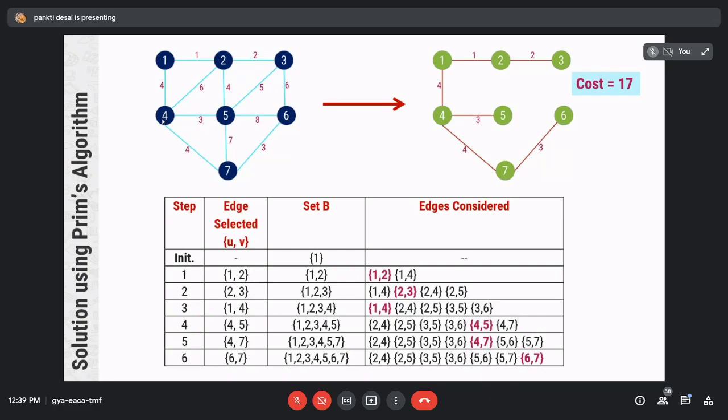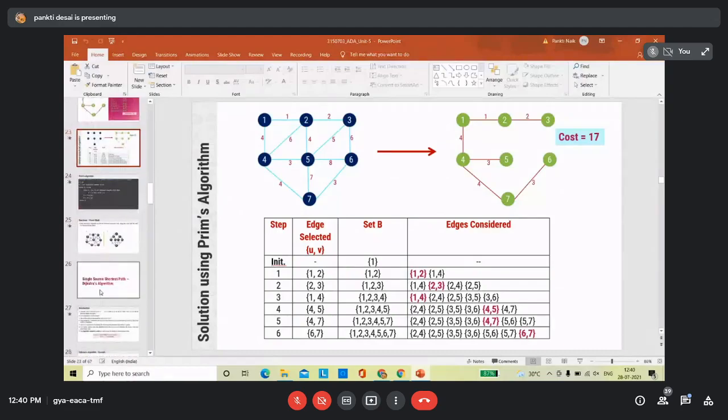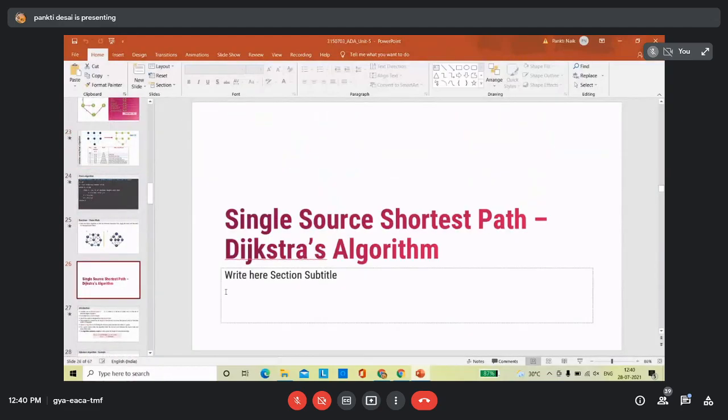In Kruskal's algorithm, it is not compulsory that they be adjacent vertices. We can select any edges which have minimum weight. So this is about Kruskal's algorithm and Prim's algorithm.